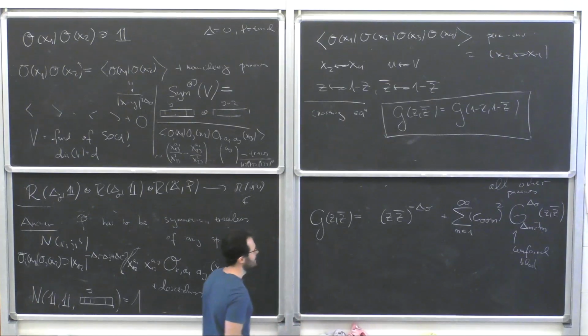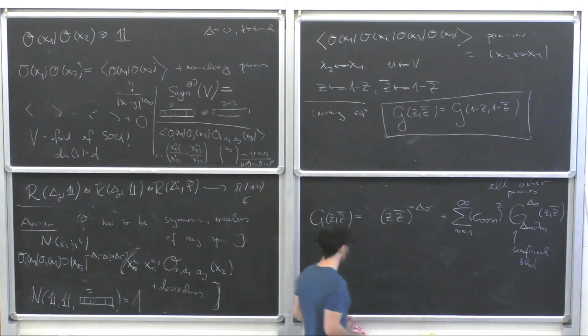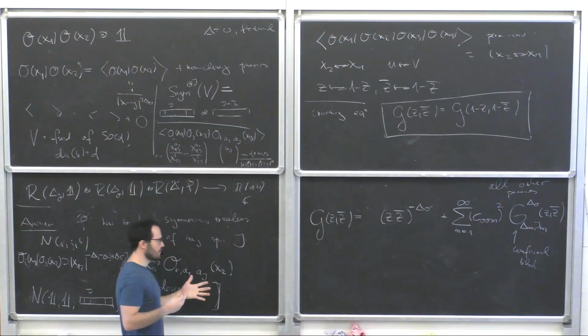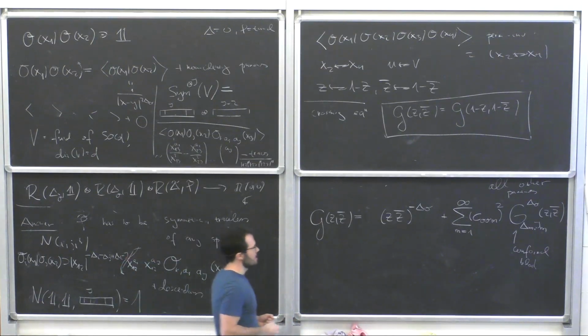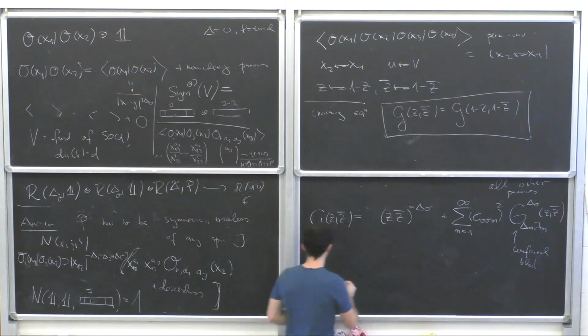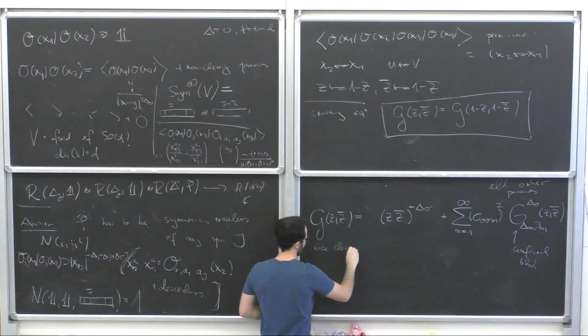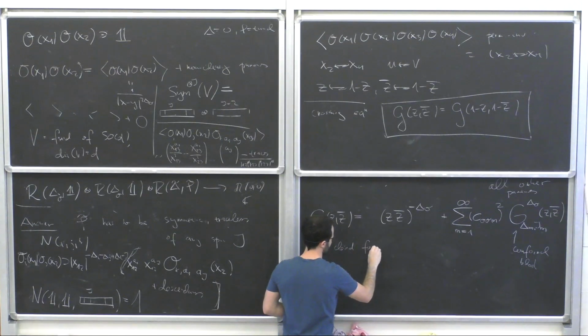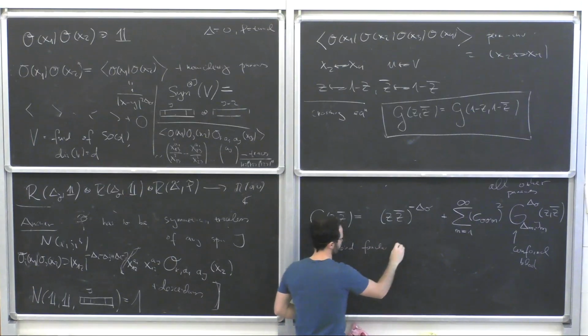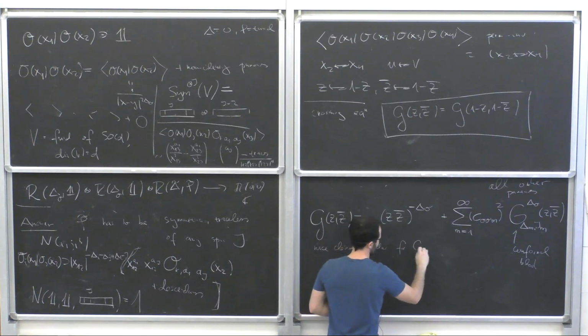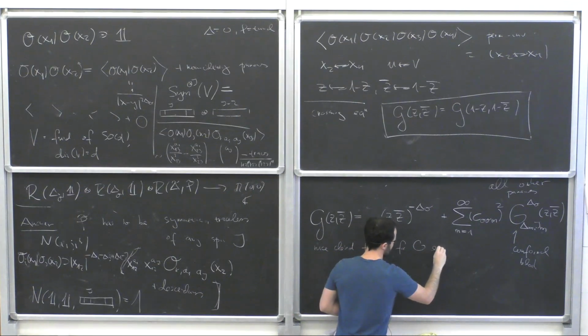So G is some special function, and there are various ways of determining it. Nice closed formulas for G exist in even dimensions.